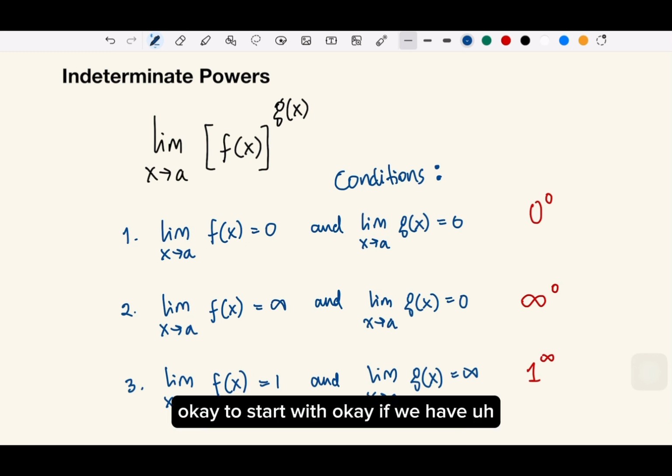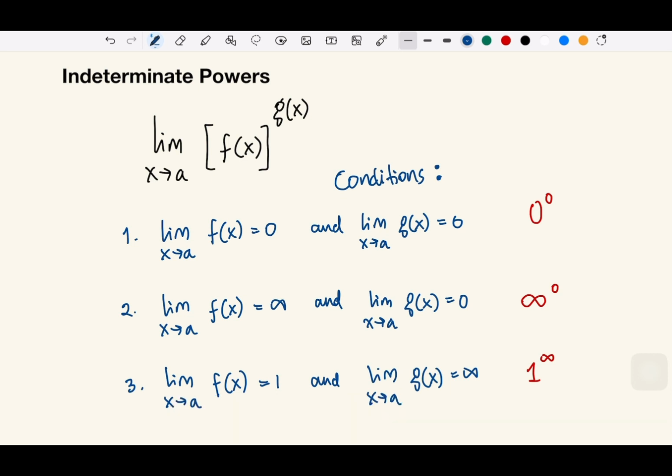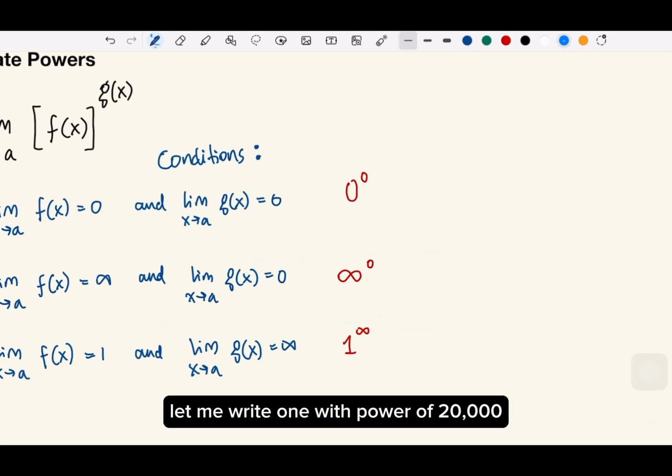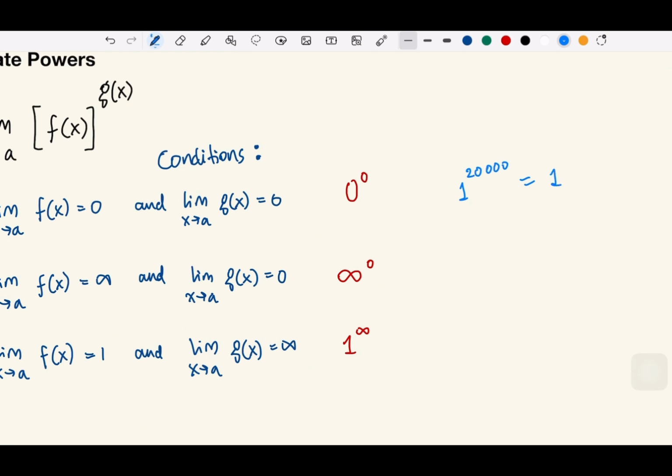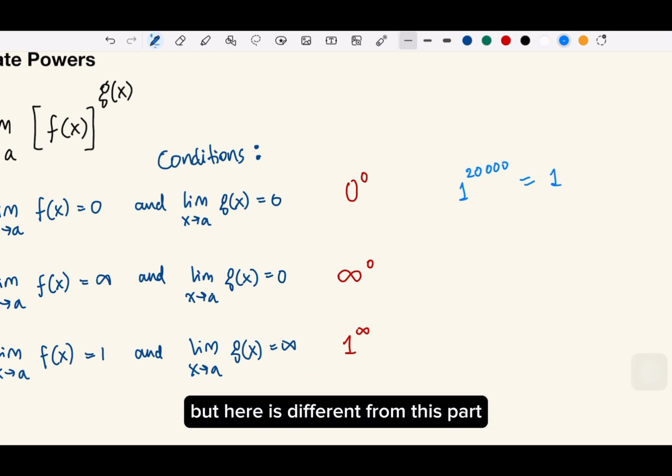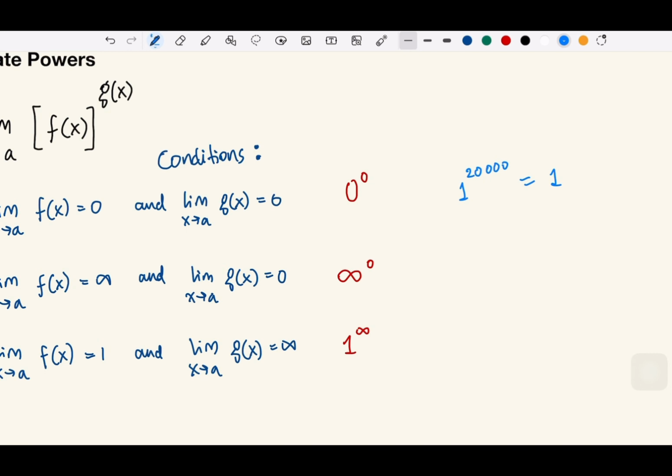Okay, to start with, if we have 1 with a power of 20,000, what is it equal to? 1, okay? But here, in terms of infinity, it's different from this part. It's a little bit different.